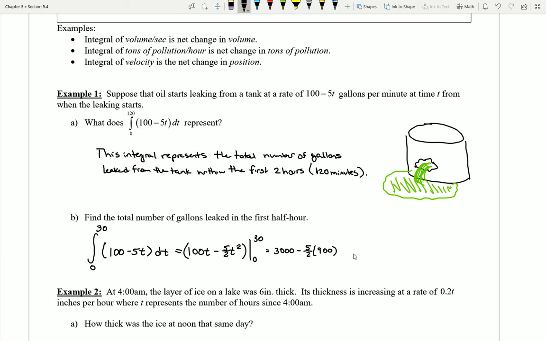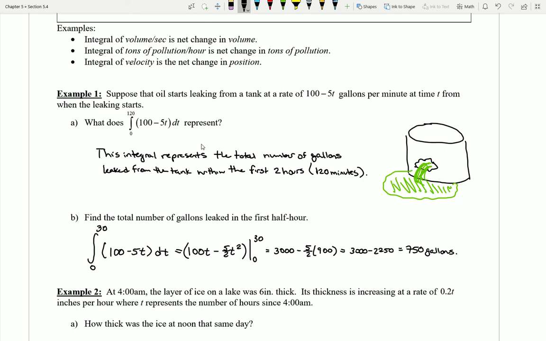So 9 times 5 is 45, 4,500 chopped in half, so this is going to be 3,000 minus 2,250. So that's 750 gallons. That's how much has left this tank in the first 30 minutes. I found this total amount of change.